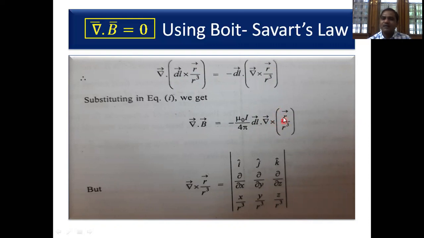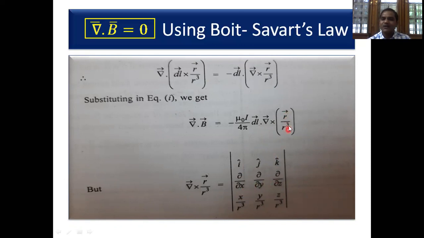Del bar cross r bar by r cube, you can simplify using the determinant method: i, j, k, del bar components dou by dou x, dou by dou y, dou by dou z, and r bar by r cube components.